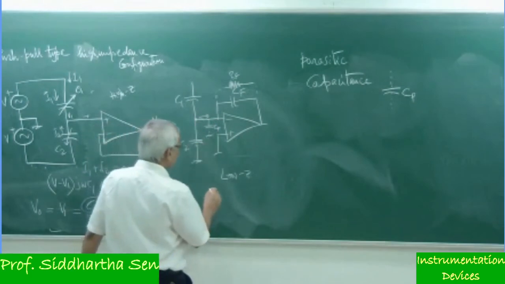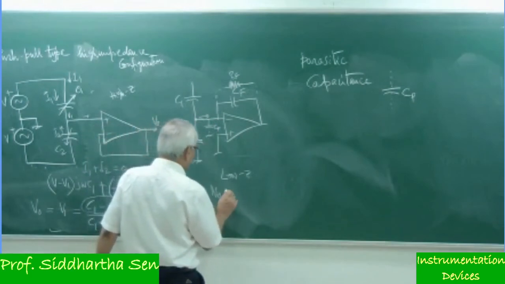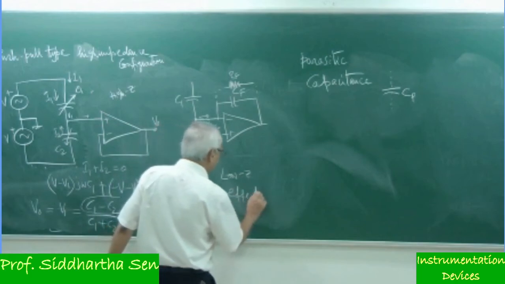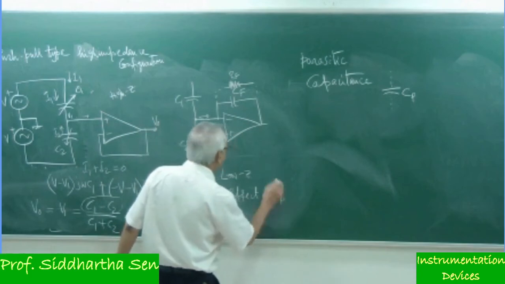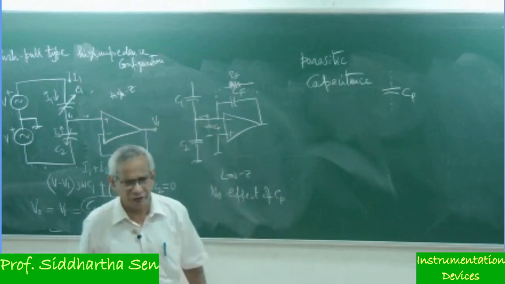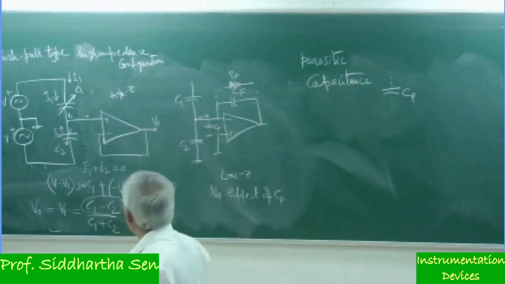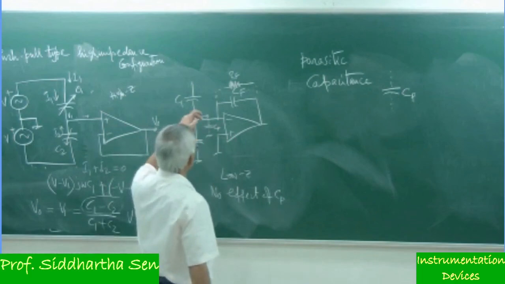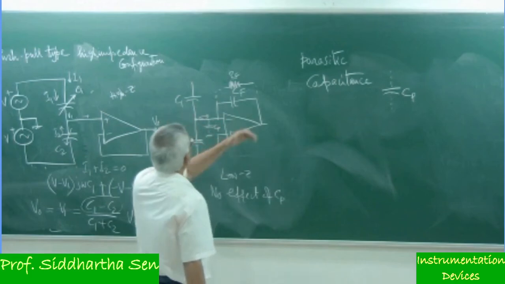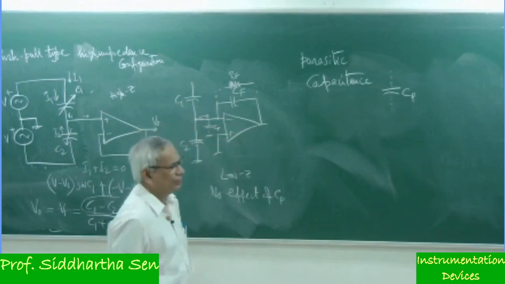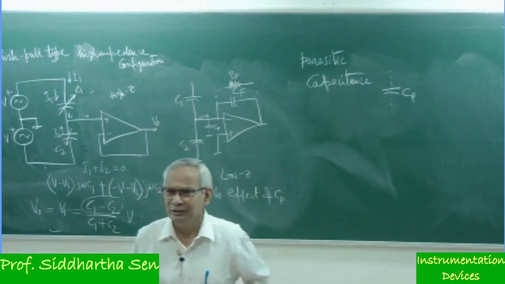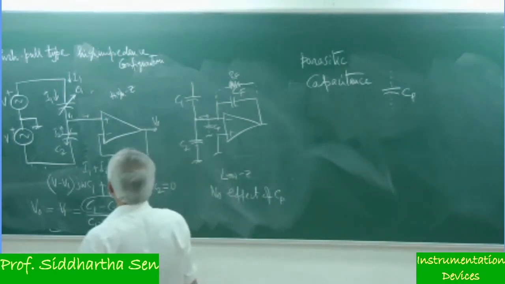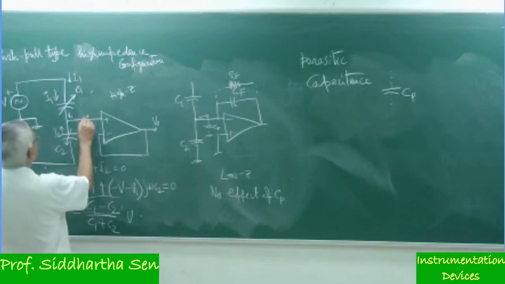So there is no, or very low, effect of the parasitic capacitor here, because this is at a virtual ground point, and naturally no current flows through the parasitic capacitance. So the parasitic capacitance will not make any problem here. But can I say it on this one?